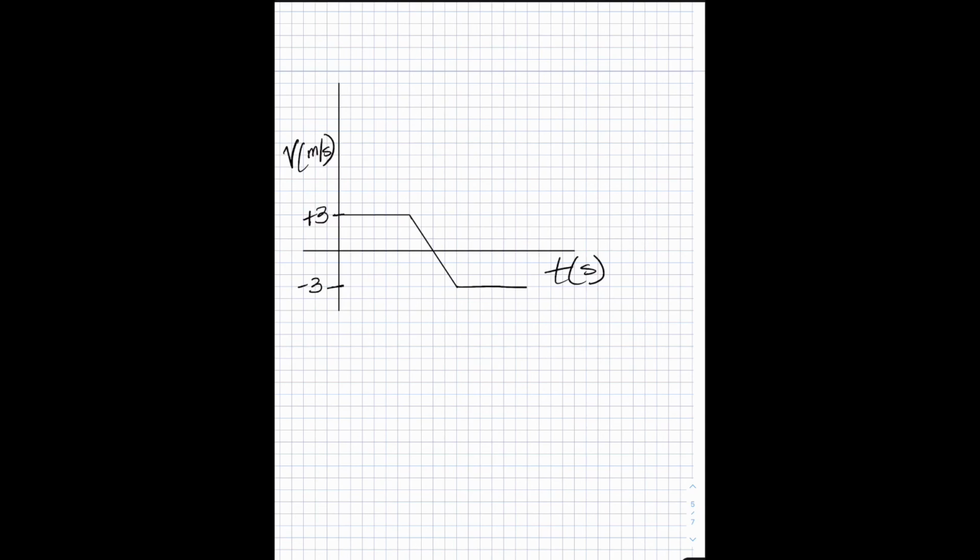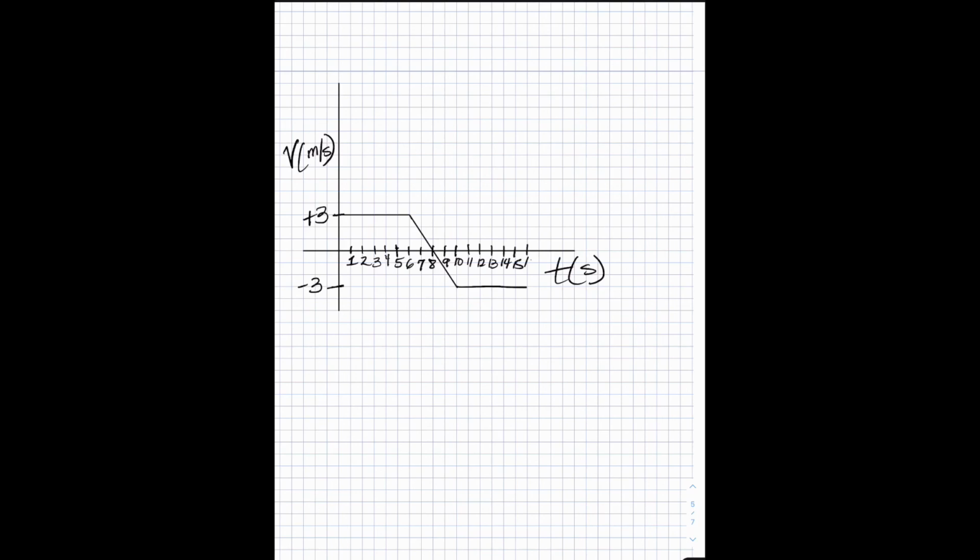And maybe this is time 1 second, 2 seconds, 3 seconds, 4 seconds, 5 seconds, 6 seconds. I don't know why I'm writing all these down. 8 seconds, 9, 10, 11, 12. You get the idea, I just arbitrarily made this up.